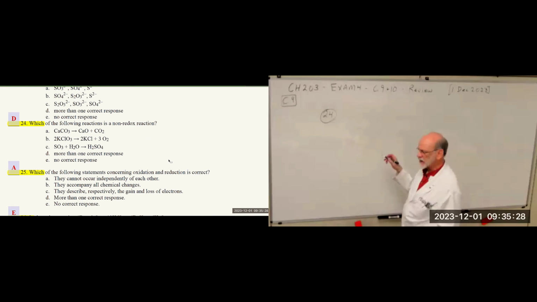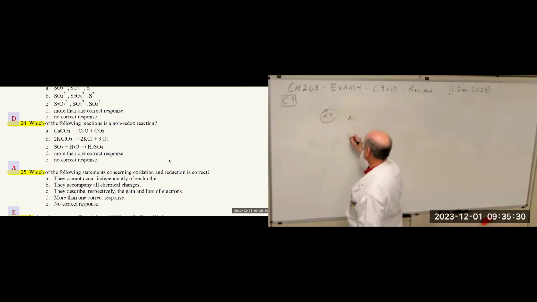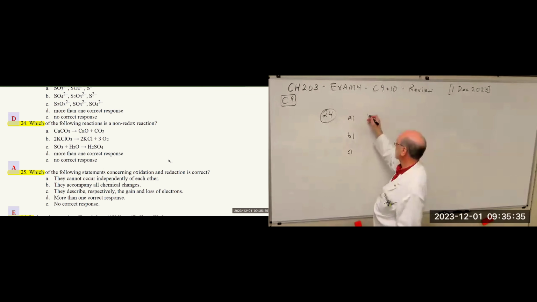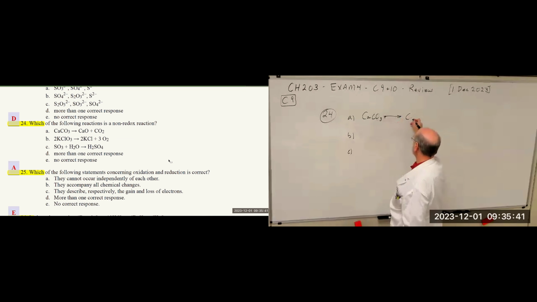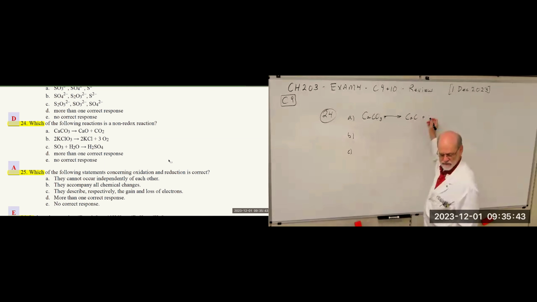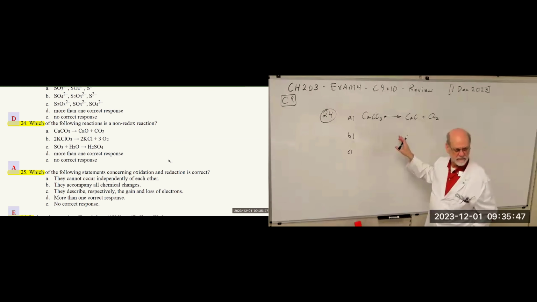Nothing works. So we're gonna have to do these. Just calculate them. Calcium carbonate yields calcium oxide plus CO2. That's how they make concrete cement.